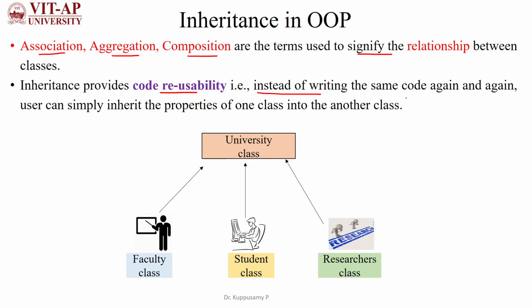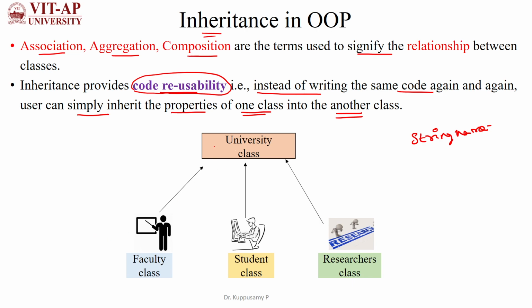Instead of writing the same code again and again, that means instead of declaring the variable string name again and again, we can simply inherit the variable of the animal class into the child class lion. That's what we are saying here. Code reusability is given by the inheritance concept.